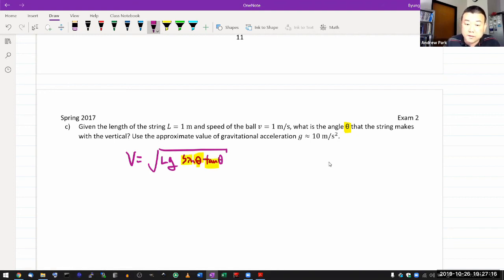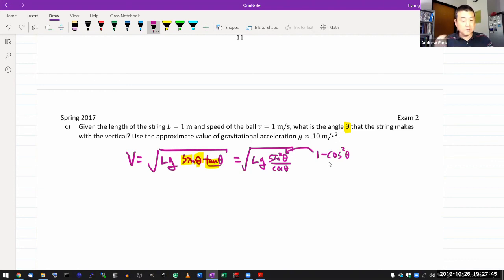So you might find it useful to rewrite it in terms of their basic trig expressions. Tangent theta is sine over cosine, so it's L g sine squared theta over cosine theta. Then you can rewrite sine squared theta as 1 minus cosine squared theta.